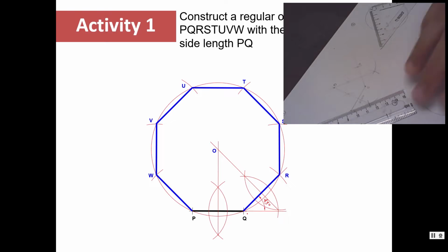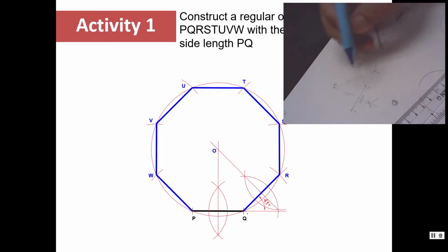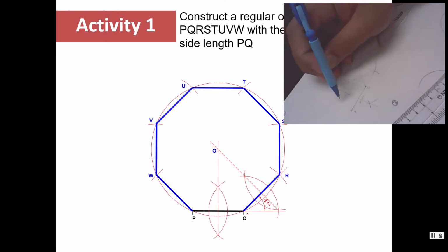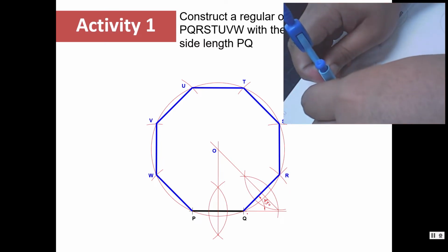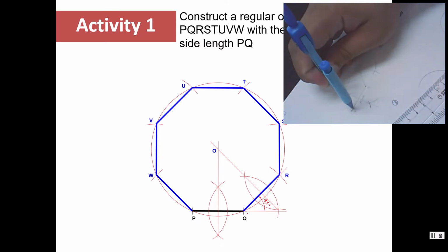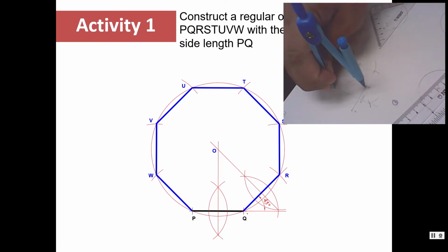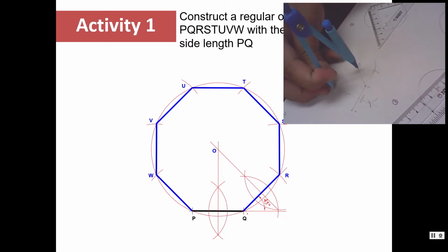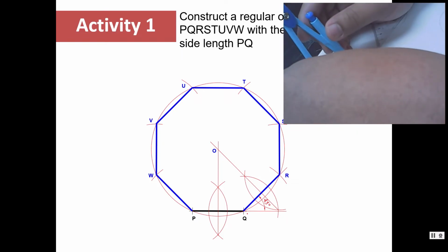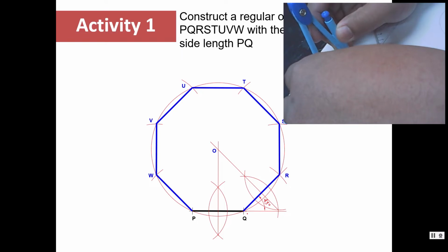So after you got this center point O, the next thing is to draw a big circle, and for this big circle, the radius will be either from O to P, or O to Q, or O to R. Well, basically it's the same distance, so just make sure that the distance will be the same.